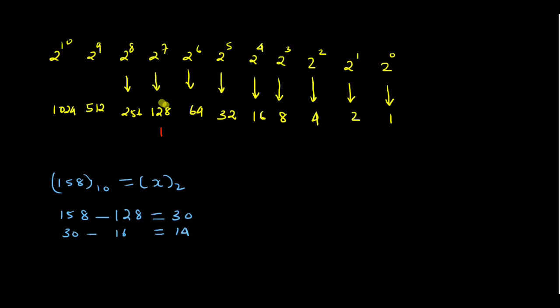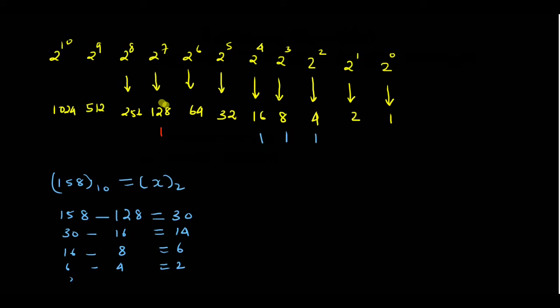In place of 16 also I'll put 1. Now 14 minus 8 I can take. So I'll get 6. In place of 8 also I'll put 1. And now 6 minus 4 I can take, equal to 2. So in place of 4 also I'll put 1.